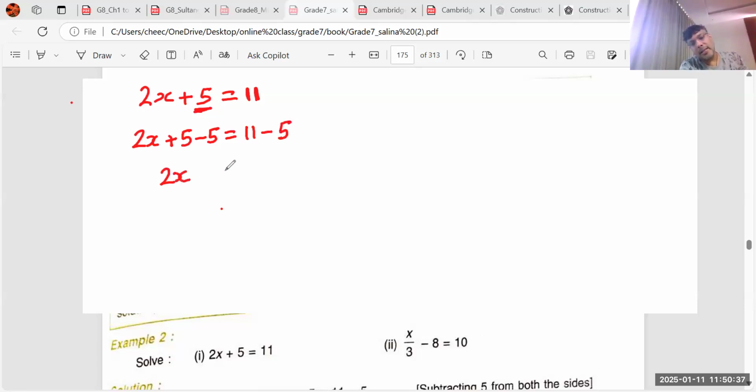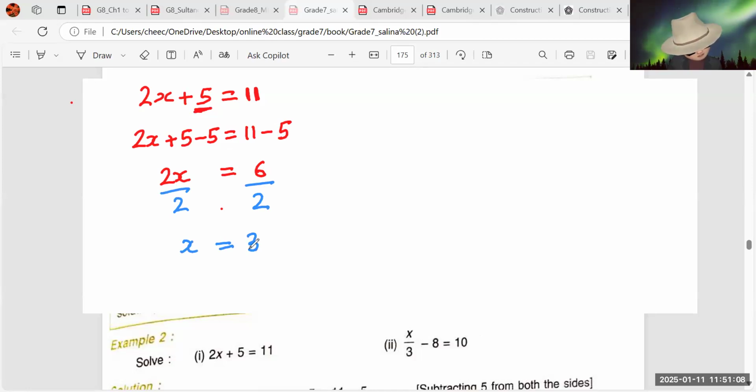Then this will get cancelled. I will get 2x equal to 6. Any doubts in the first step? Now I will divide both sides by 2. So I will get x equal to 3. Understood, not understood, guys? Tell me, Arav, understood? Yes, sir, understood.